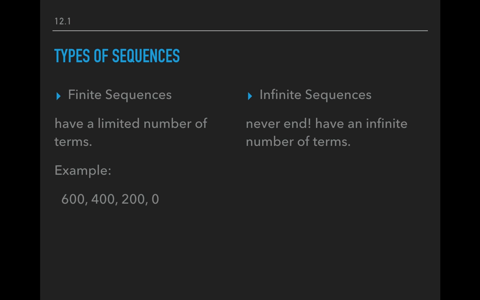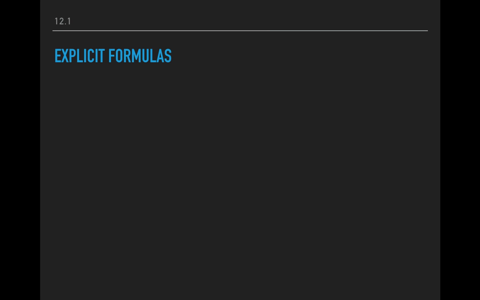There are 1, 2, 3, 4 terms in this sequence. Contrast that with 1, 4, 9, 16, ... Those little ellipses mean that it is going on and on and on in that manner. It is never ending. It is an infinite sequence.